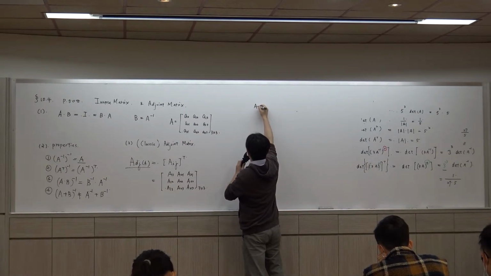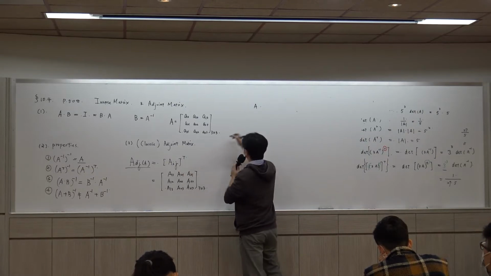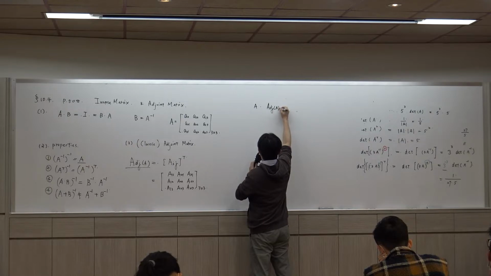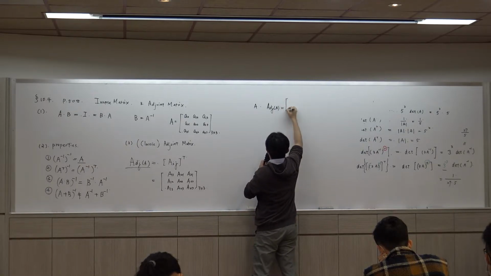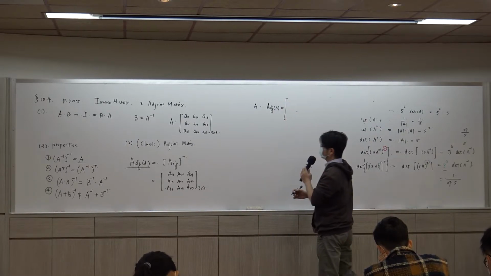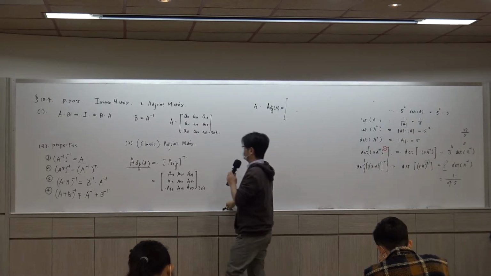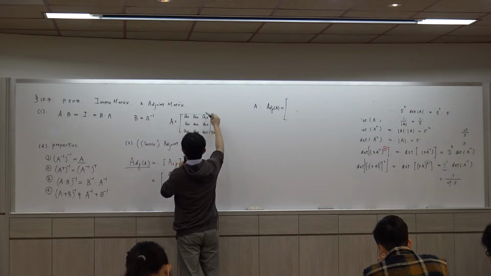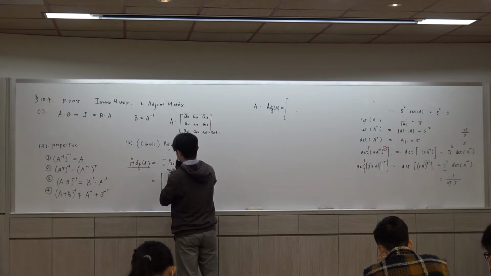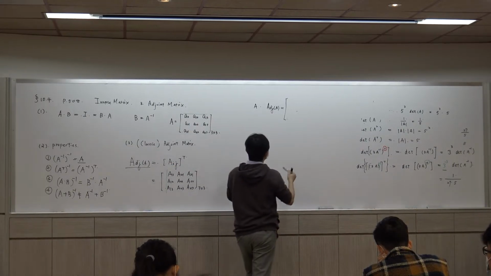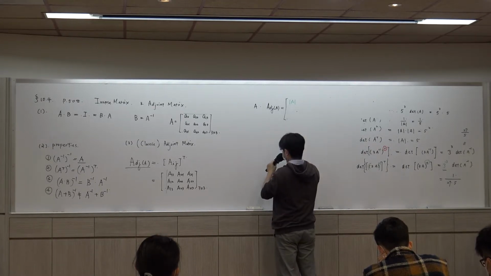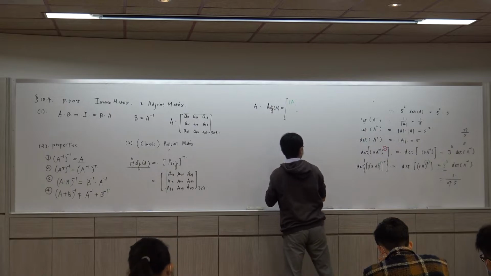If the original matrix is multiplied by the adjoint matrix, we can see the first row times the first column equals the determinant.